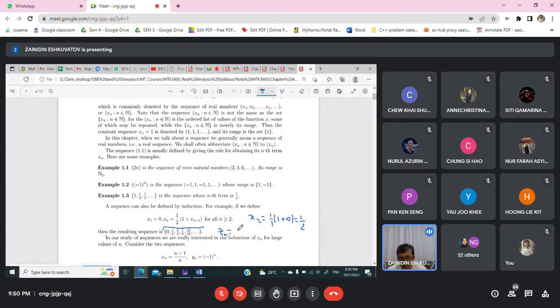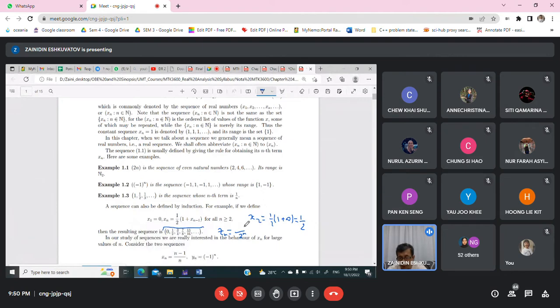According to this data, I can say 2 to the power n here. When n equals 1, I have 1 over 2. When n equals 2, I have 2 to the power 2, 4, 8, 16, and so on. But how to write the upper part to get 1, 3, 7, 15, and so on?